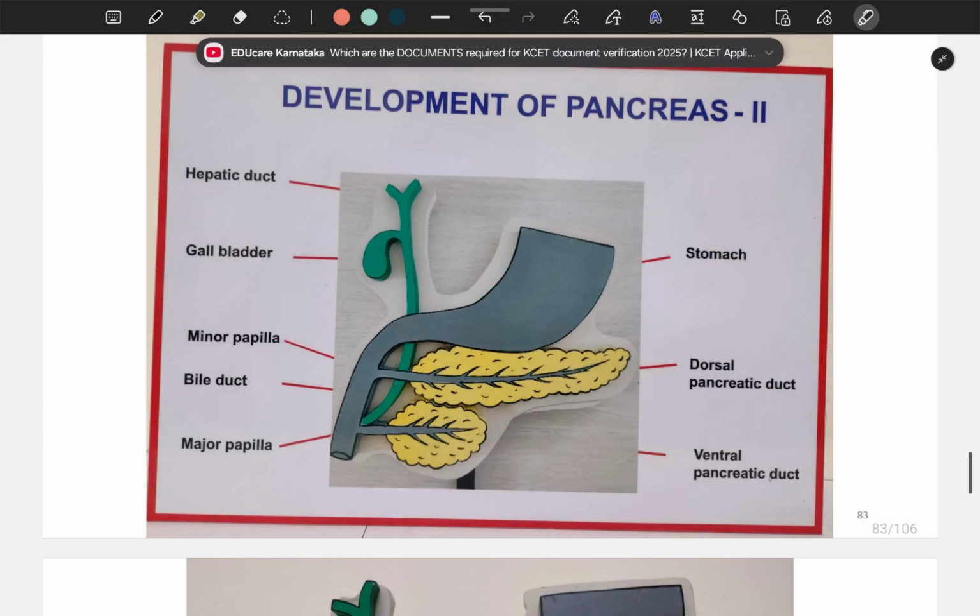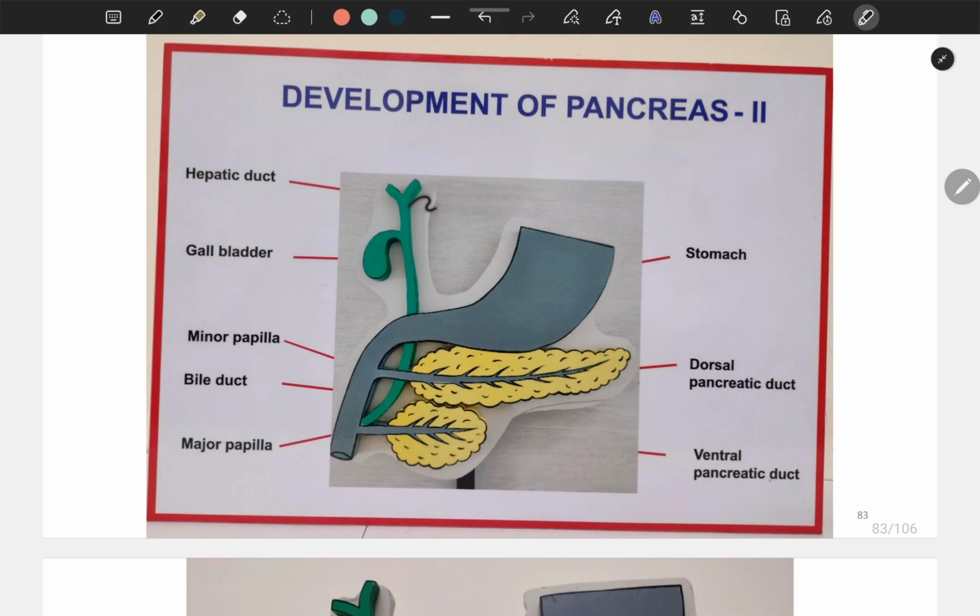Now here same. This is gallbladder. This is hepatic duct, common bile duct. Here in the duodenum, you can see major papilla, and this is minor papilla. This is major papilla. Okay.